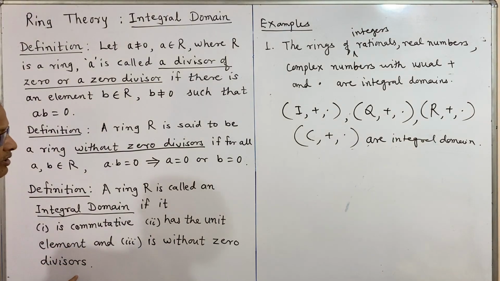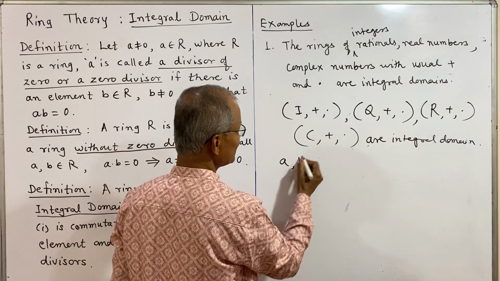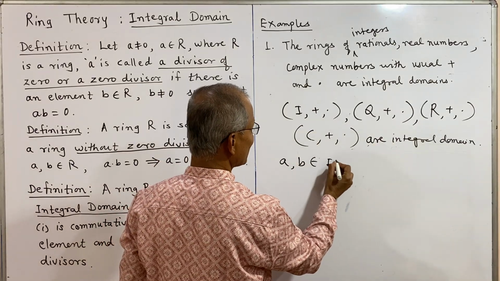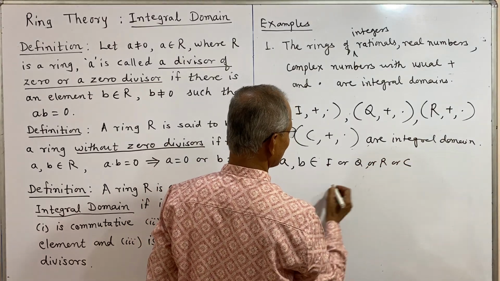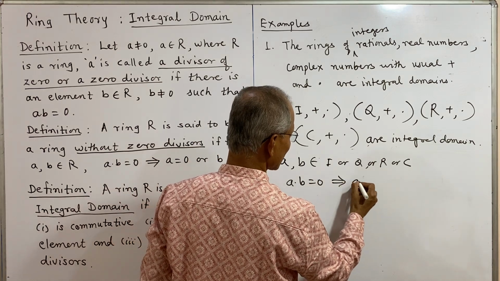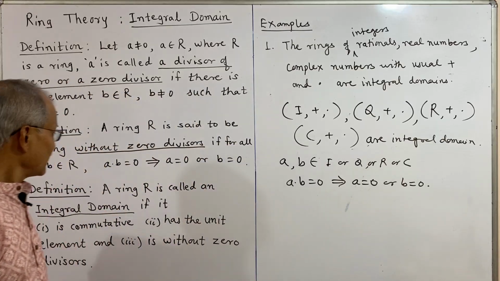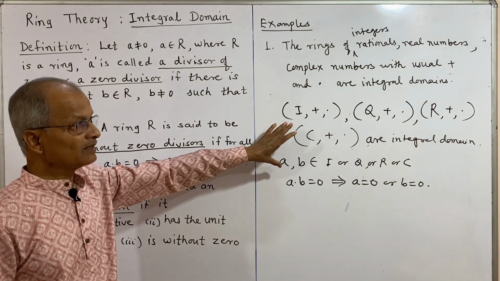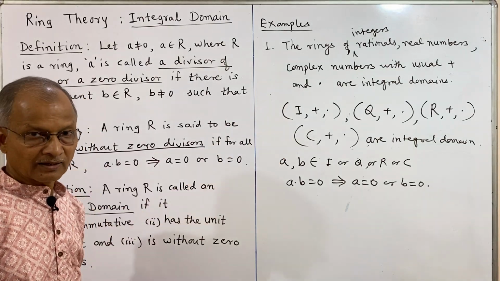And it is without zero divisors, which means for any two elements A and B belonging to I, Q, R or C, A into B equal to 0 implies A equal to 0 or B equal to 0. So these are examples of integral domains. These are infinite integral domains.